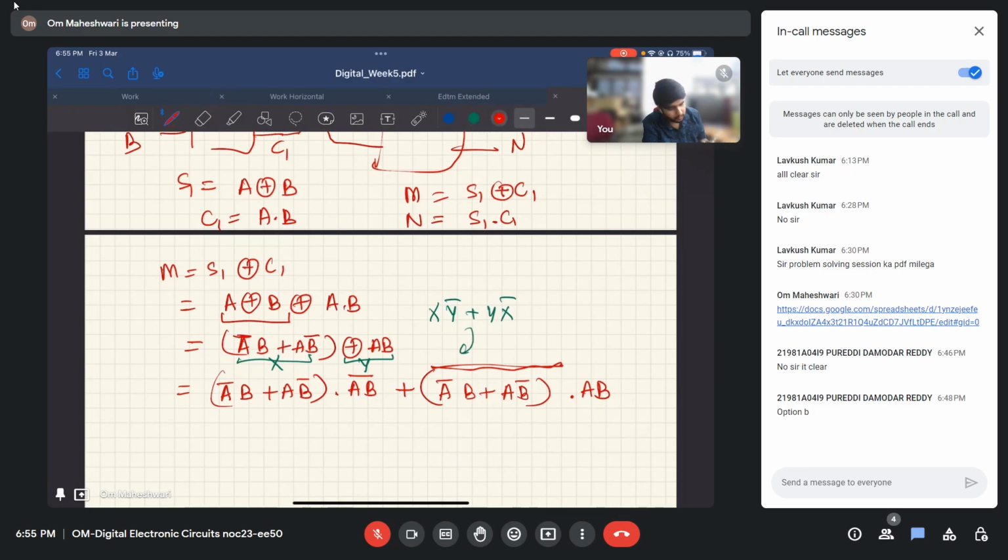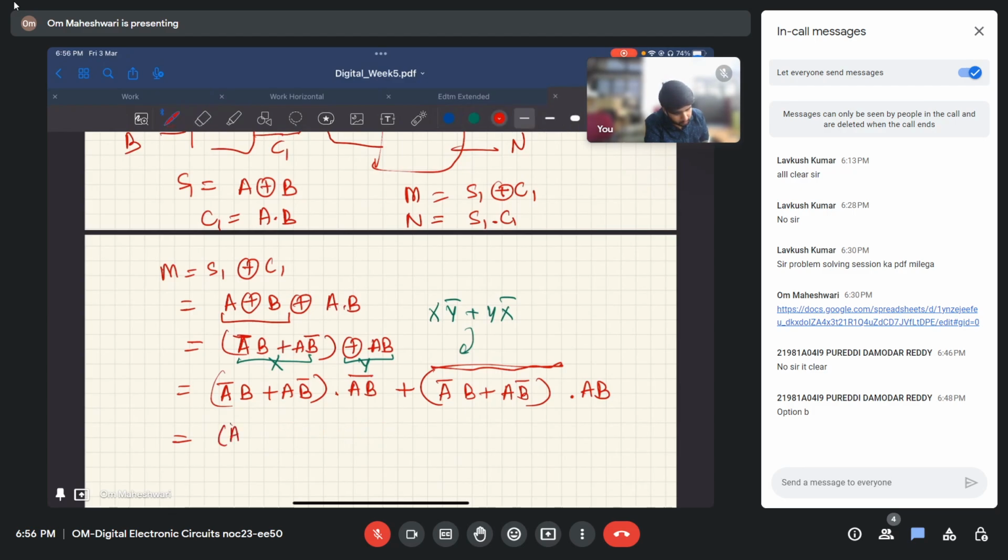Okay. So if we expand this, A bar B, A bar AB whole bar plus AB bar AB whole bar, or okay, let's not do this. We can do this.